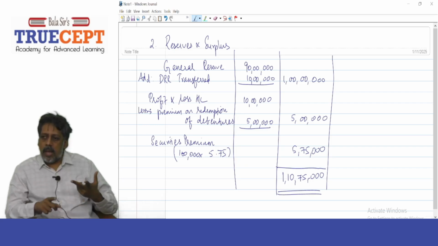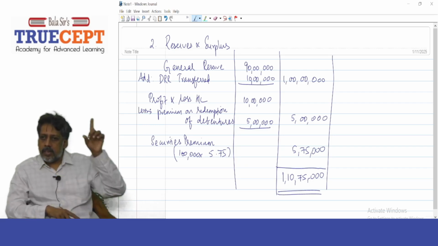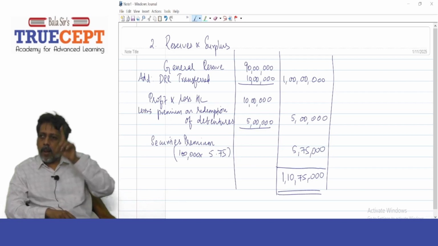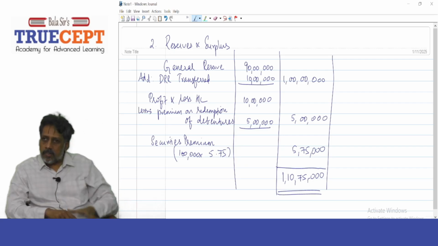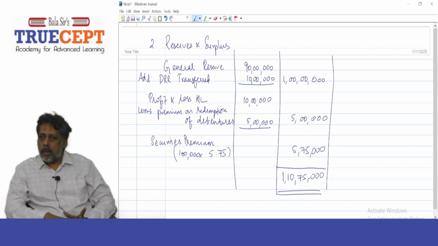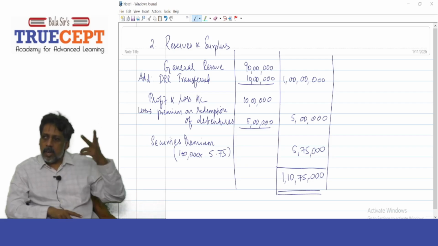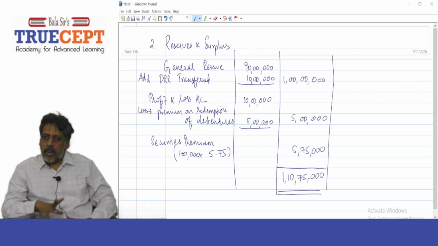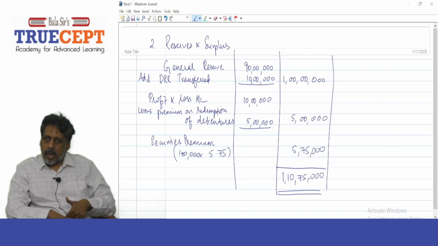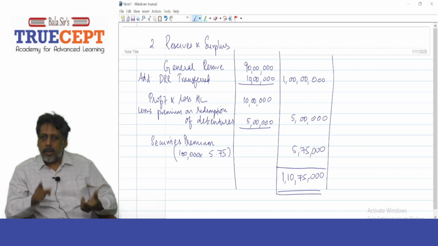And what is the balance in P&L given in the question? 10 lakh rupees. From that, minus premium on redemption of debentures, which is a loss to be written off, right? What is the amount? 5 lakh rupees. That is 1 lakh debentures redeemed, doesn't matter conversion or whatever, into rupees 5. You paid 105, remember? So 5 rupees extra, so 5 lakh is subtracted. So net amount 5 lakh in P&L.